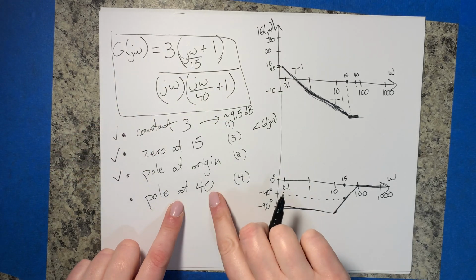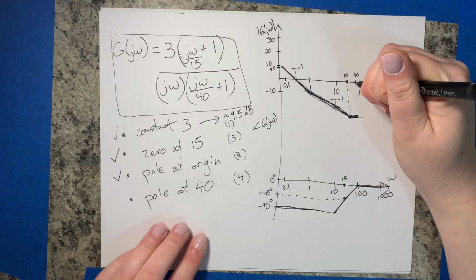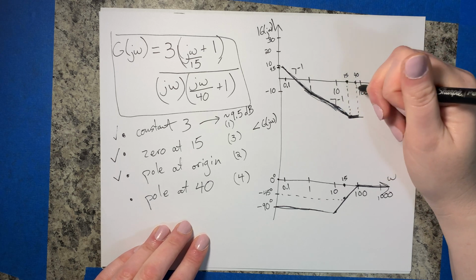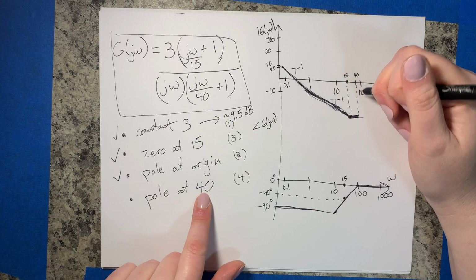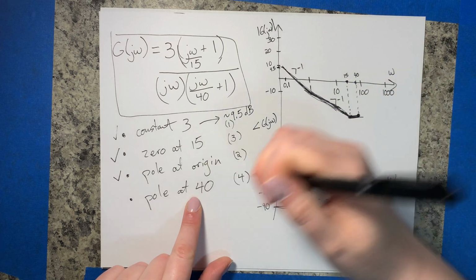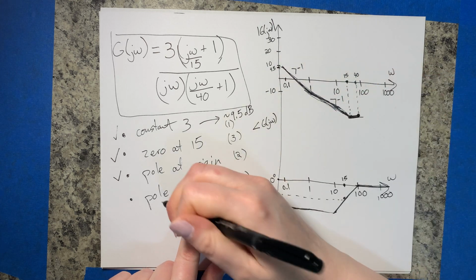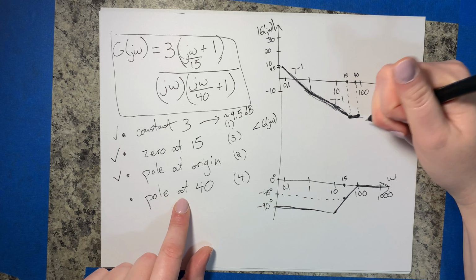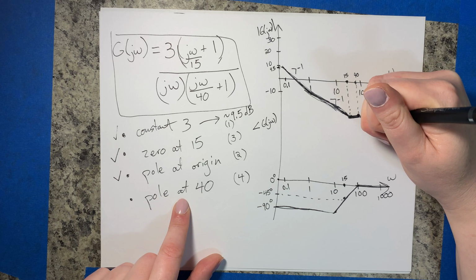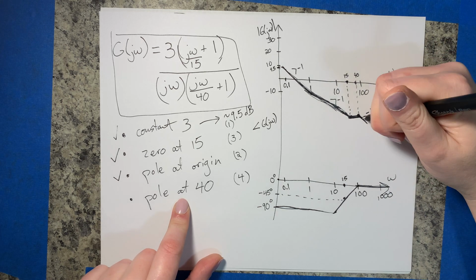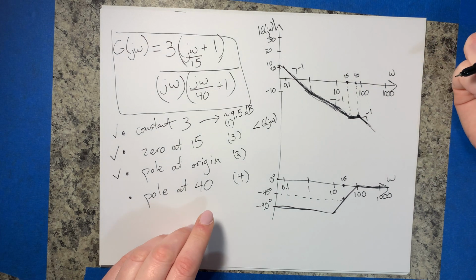The pole at 40. Okay, so here's where it's really good to use a pencil. The pole at 40, that would cause a negative slope. So it's a pole. It has a negative slope on the magnitude plot, -1. So after that point, we would have a -1 slope, or minus 20 dB per decade.